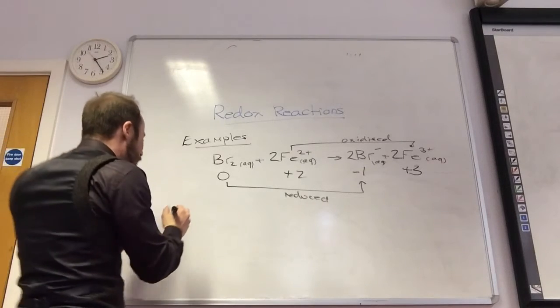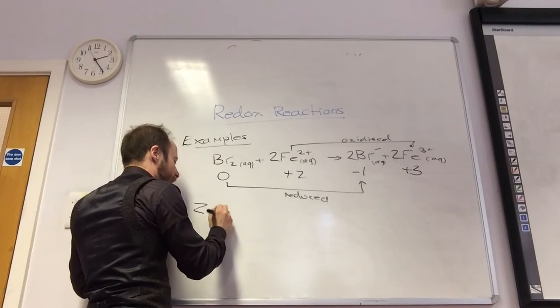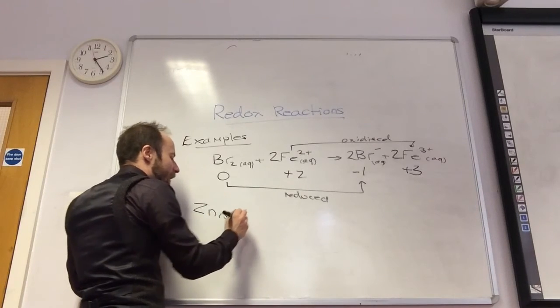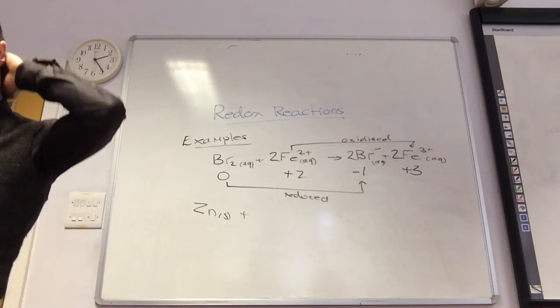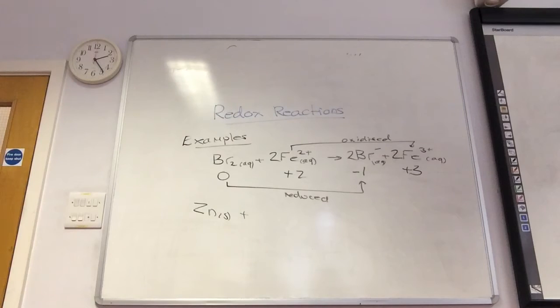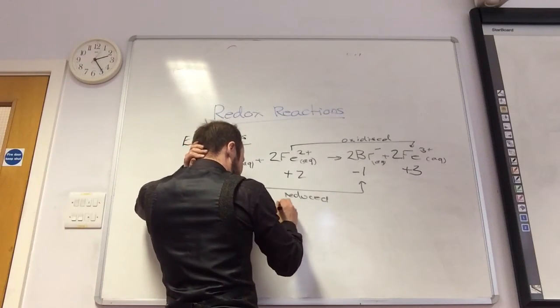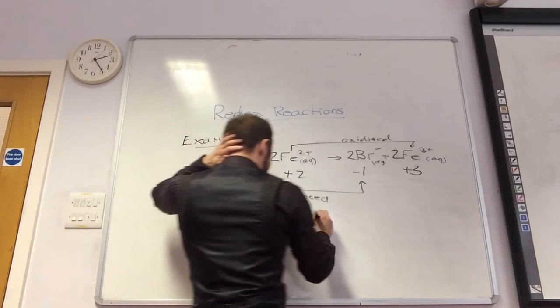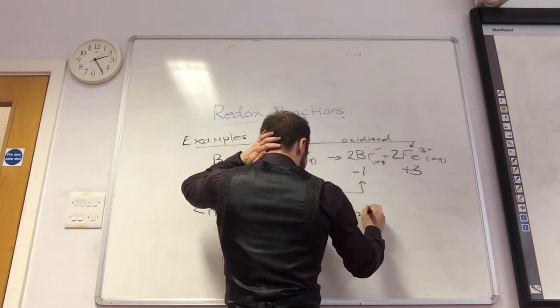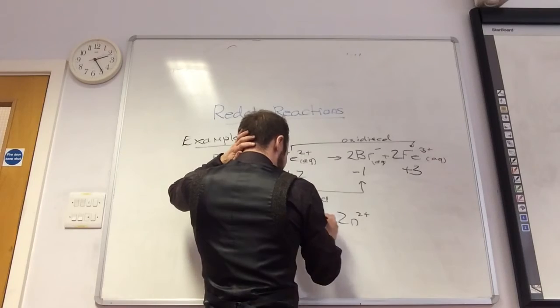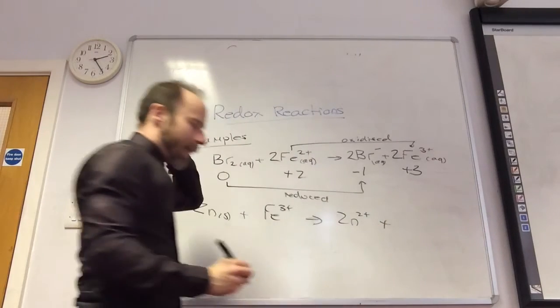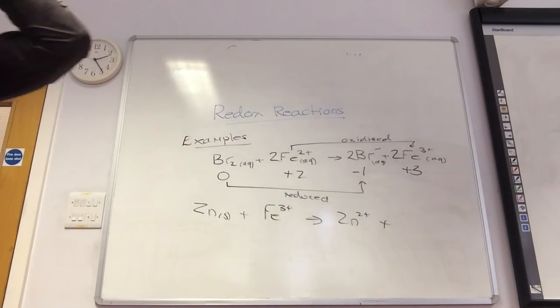And then we've got one which you probably know, it's just a metal displacement reaction. You take zinc and iron 3+, and you're going to make zinc 2+ and iron 2+.